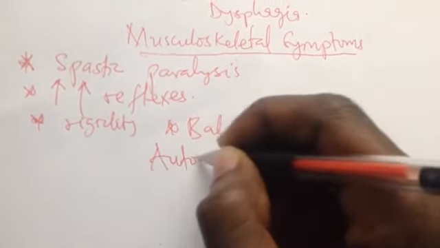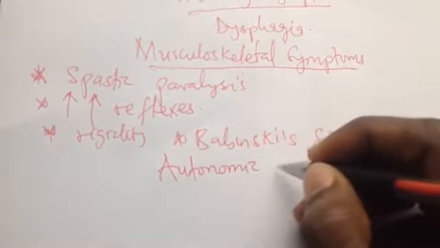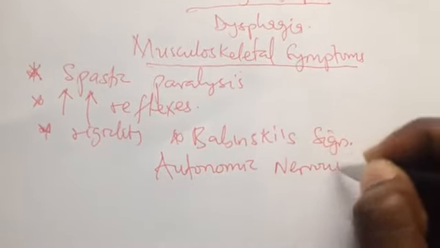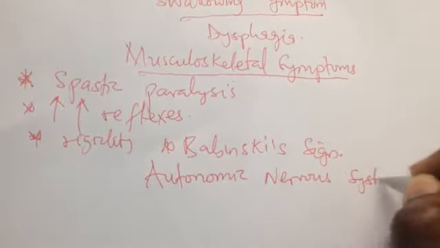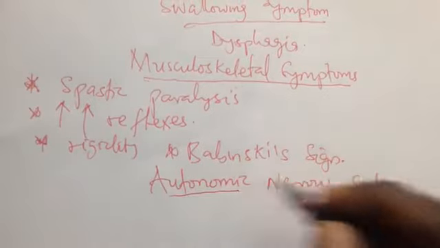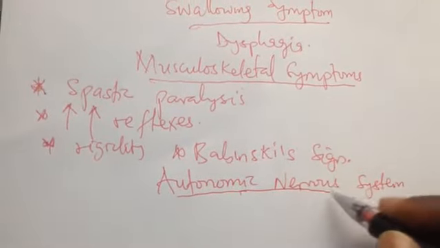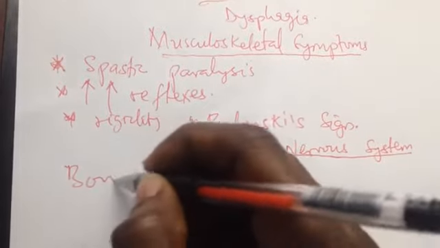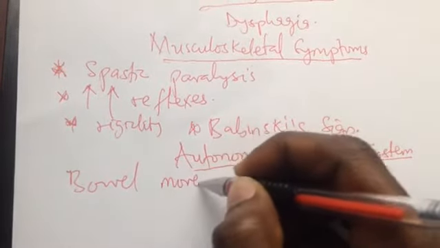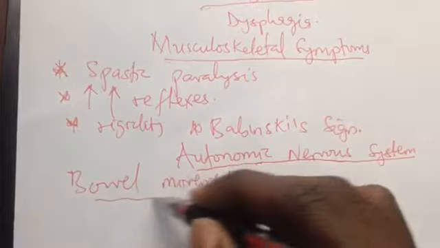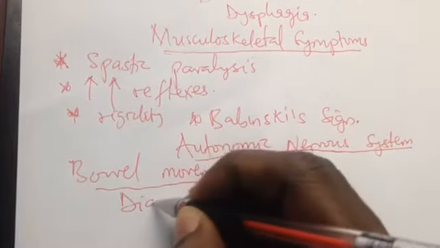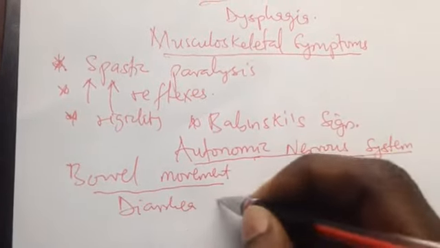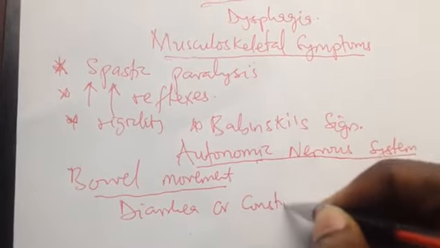Autonomic nervous system damage. This may manifest, for example, in bowel movement, where the patient may have diarrhea or constipation. Why?